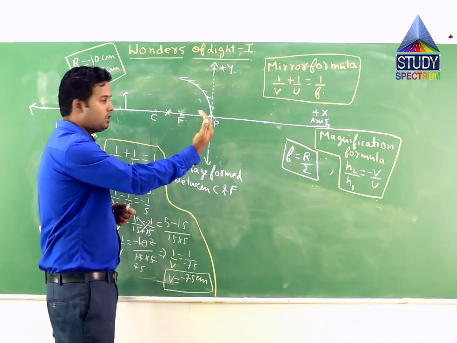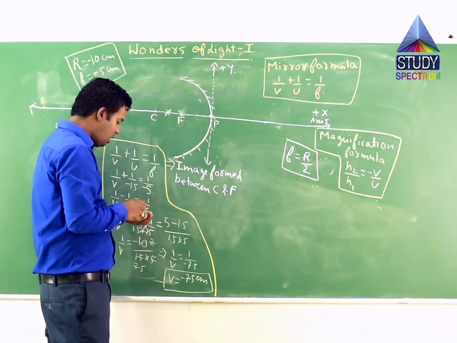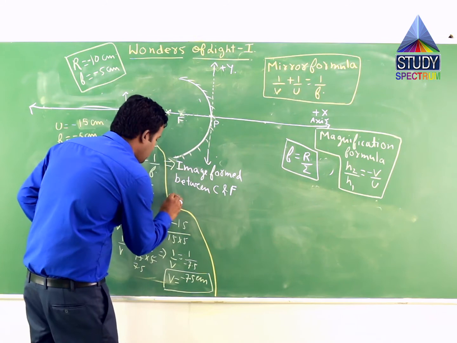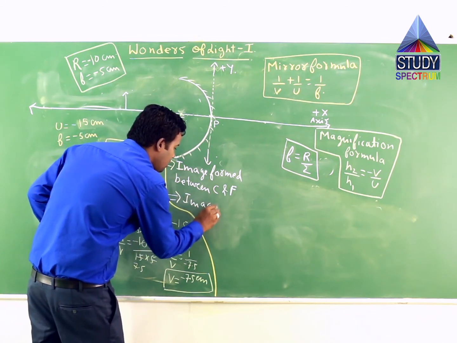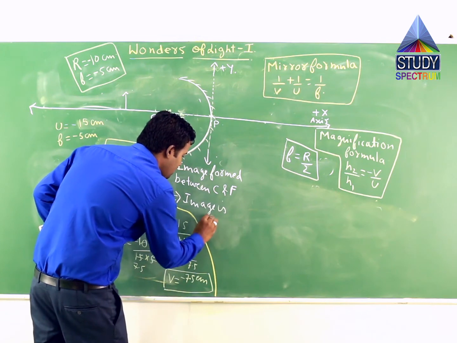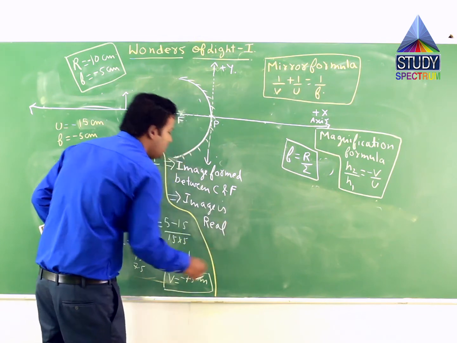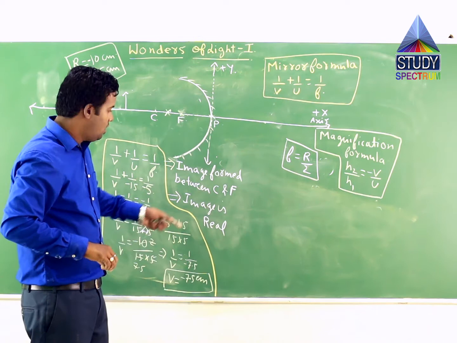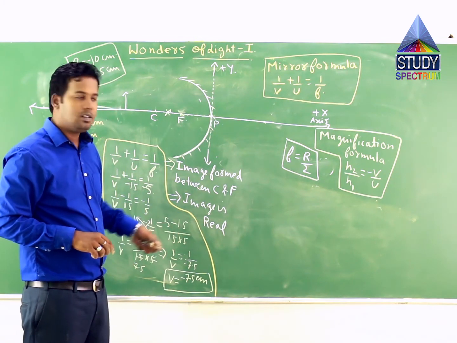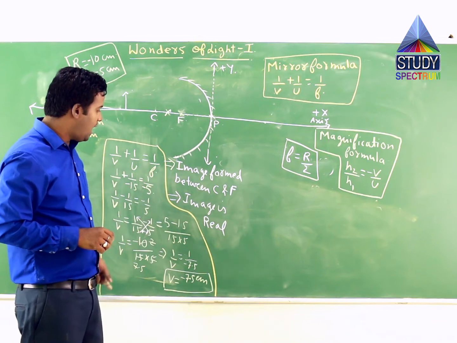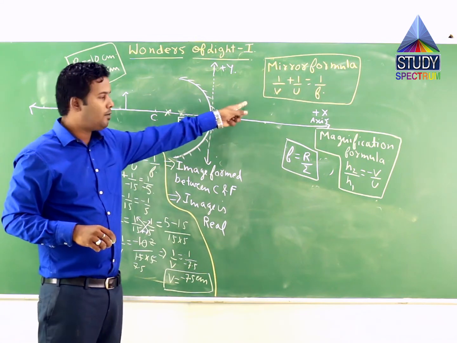So the image is real. I am sure you can read this answer also in the table. The image is real. So we have calculated two results using the mirror formula.